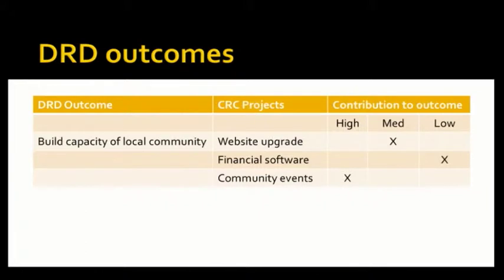And when we think about that, and this is only in our example of course, you will do this individually for your own projects, but in our example we decided that the website upgrade would be about a medium level contributor to that outcome. Financial software, probably a low level one.